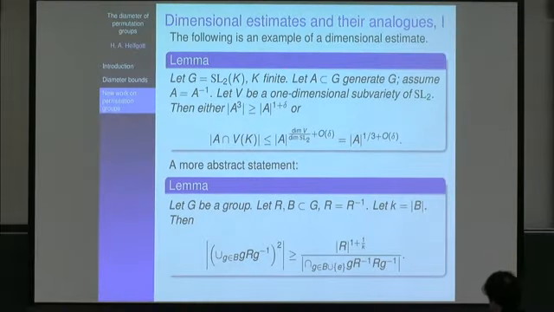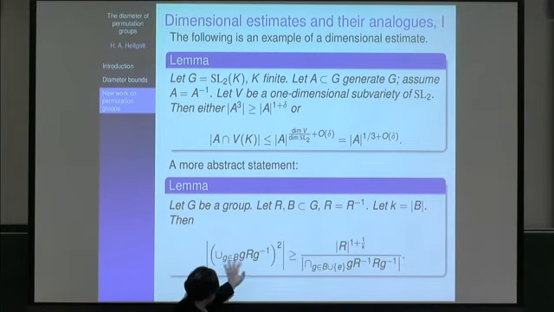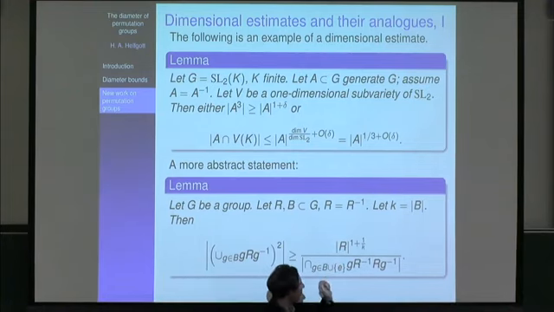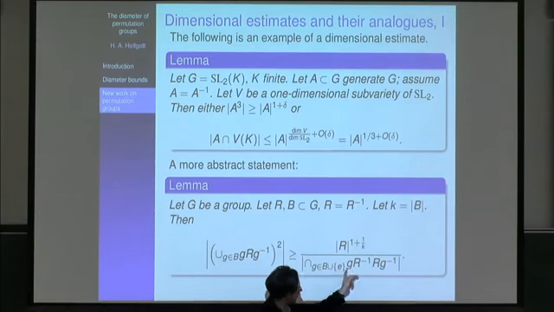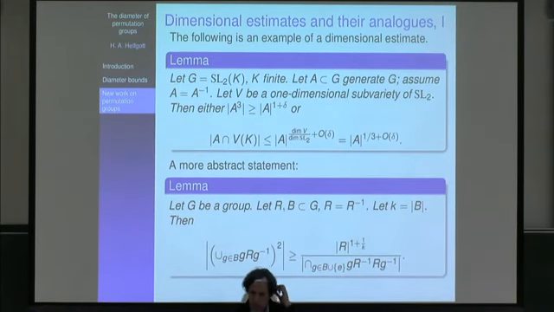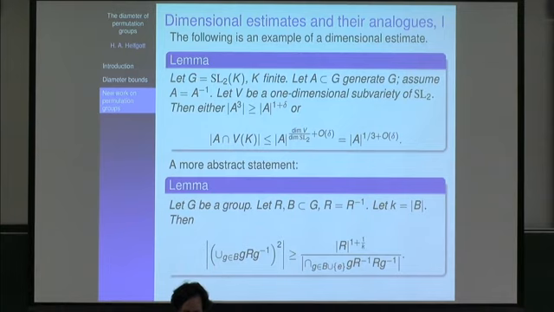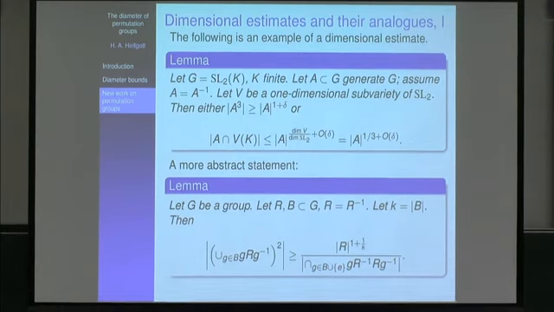Here I'm stating that in any abstract group, either conjugating R by the elements of G and then multiplying that by itself gives you something substantially larger than R, or the intersection of the conjugates has to be large. That's actually quite easy to prove. It's basically just an exercise.